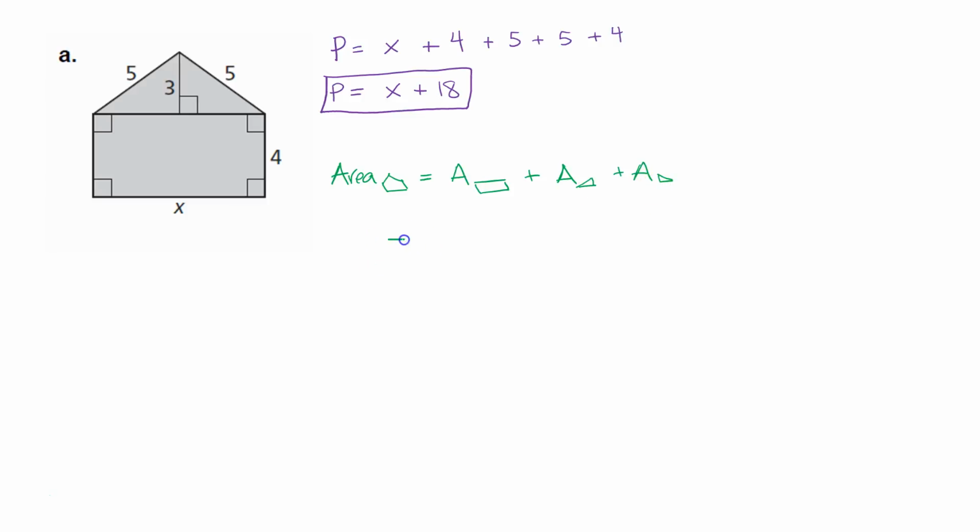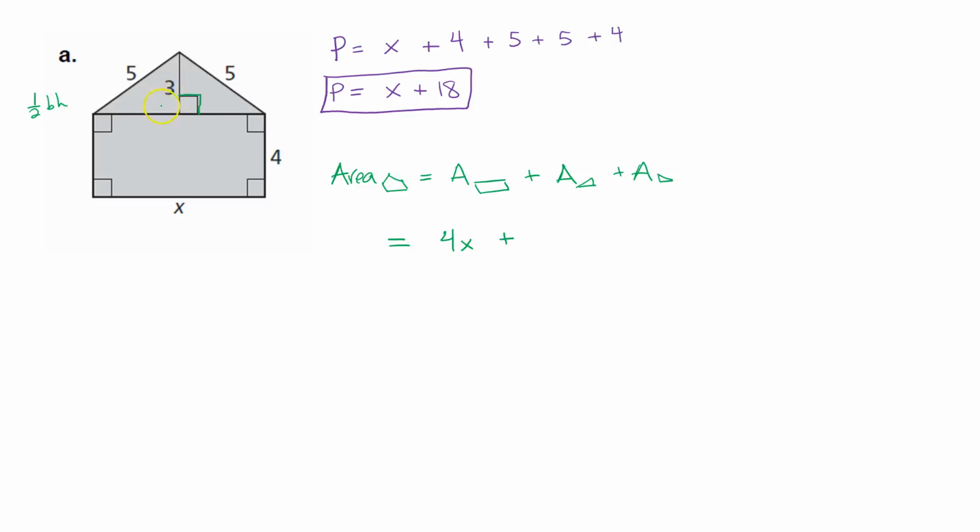So the area of the rectangle, area of rectangle is length times width, so this would be x times 4, which is 4x. Area of a triangle is 1/2 base times height, where the base and the height have to be perpendicular to each other.